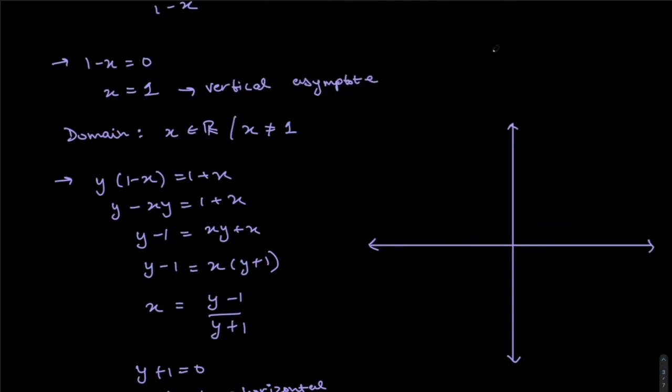I'm going to change the color just to draw the asymptotes. So my one asymptote is going to be at x equal to 1. So maybe like right here, like this.